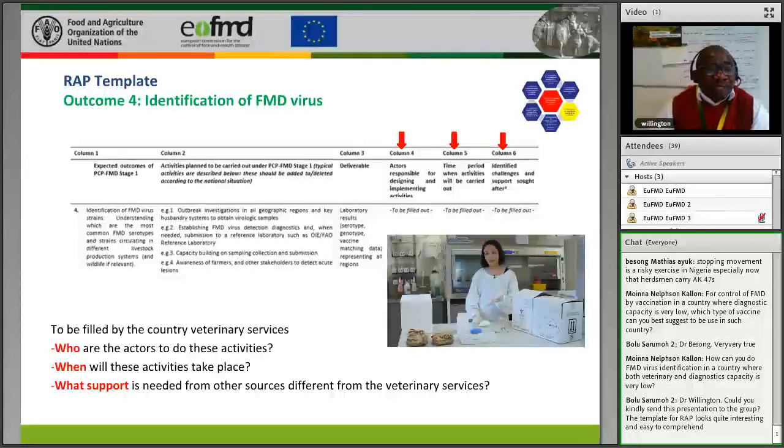The fourth activity is identification of the FMD risk virus. In this outcome, what is supposed to be done is to ensure there is a good environment for outbreak investigation, to ensure that there's good capacity, the laboratories that are needed are in place, and the tools that they need to do this kind of analysis or diagnosis are all in place.